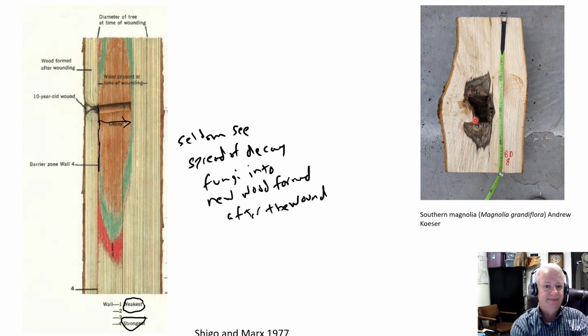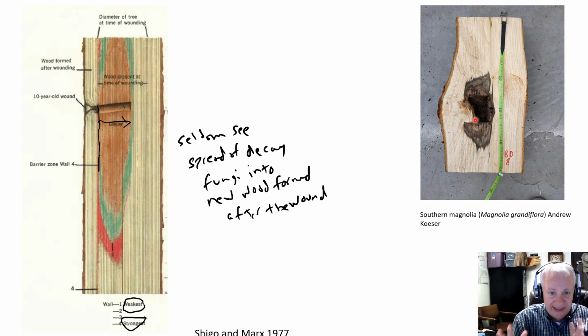As you can imagine, that compartmentalization, as I mentioned earlier in the lecture, is one of the things that allows great longevity in trees. If this decay was allowed to spread unchecked into new wood, that tree would be doomed and it would eventually lose structural integrity.